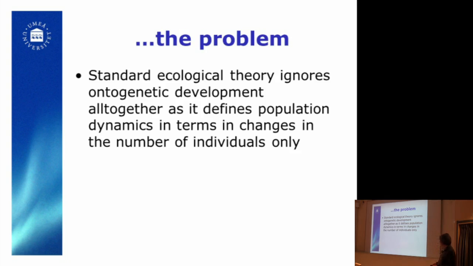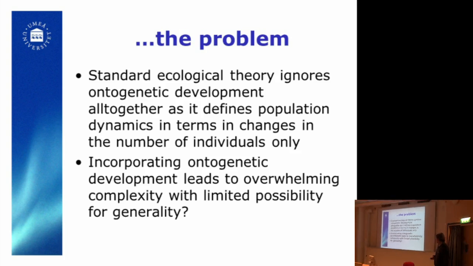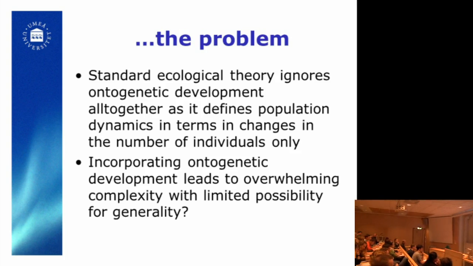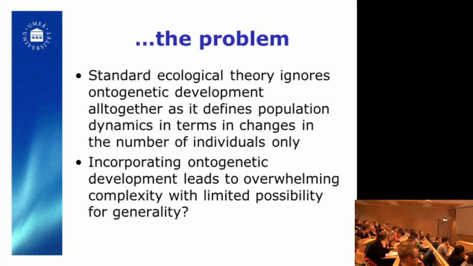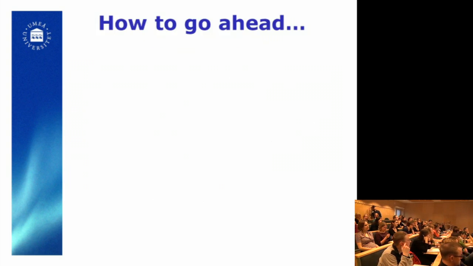For most ecologists, we have another problem, and that is that they fear that incorporating ontogenetic development leads to an overwhelming complexity with limited possibility for generality. I think that's a view held by many ecologists. And I will try to convince you here that this is certainly not true.